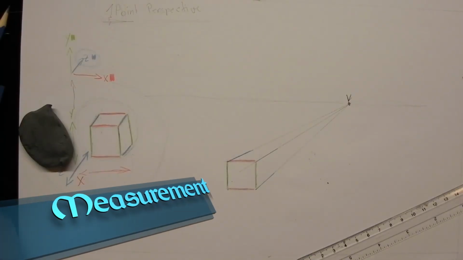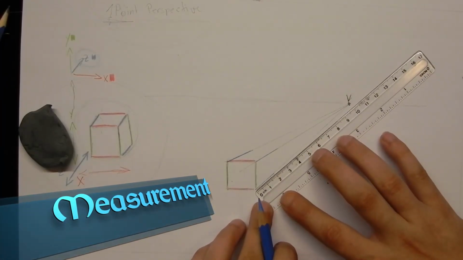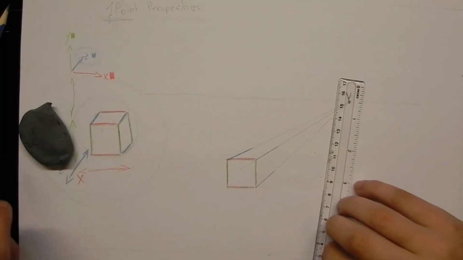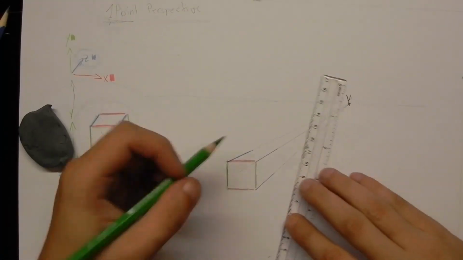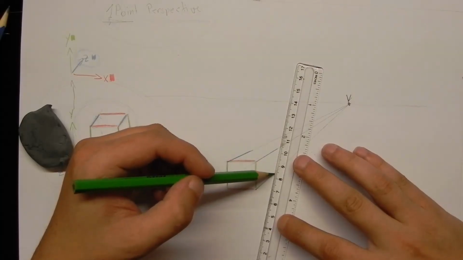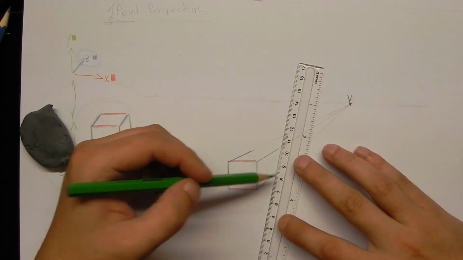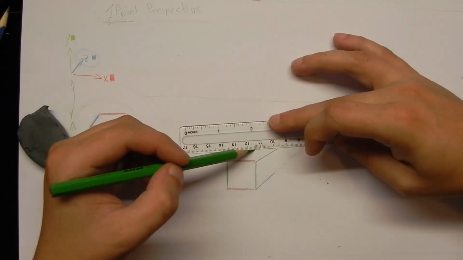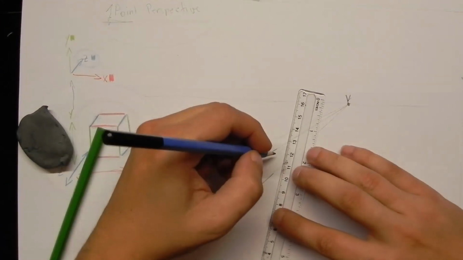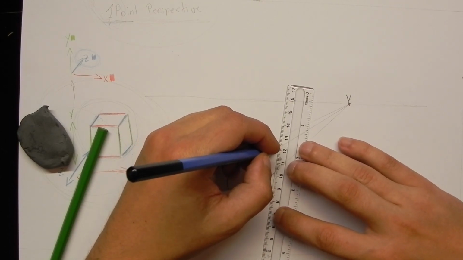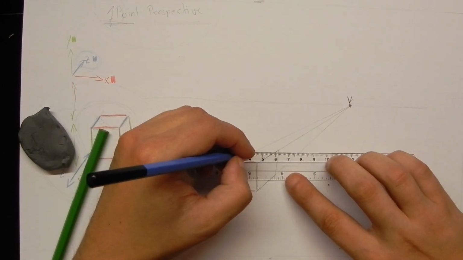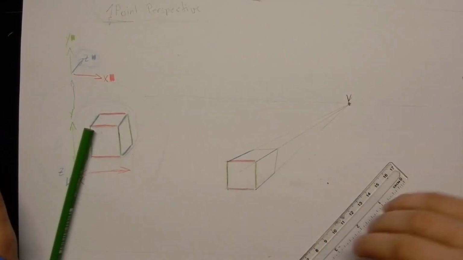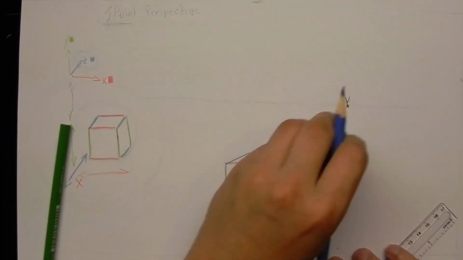So as you can see, I've always taken 2 centimeters, and if we would draw in our Y lines, it would be kind of weird. The cube is drawn towards the vanishing point, and that's a problem. Actually, this is a mistake, but I did it on purpose to show you.